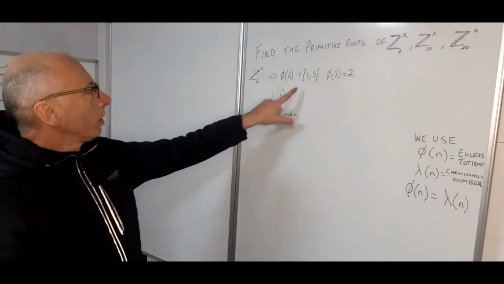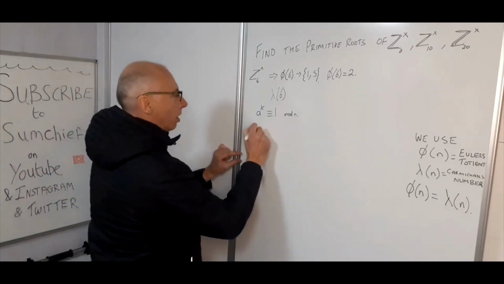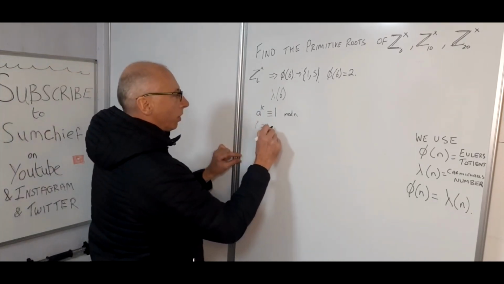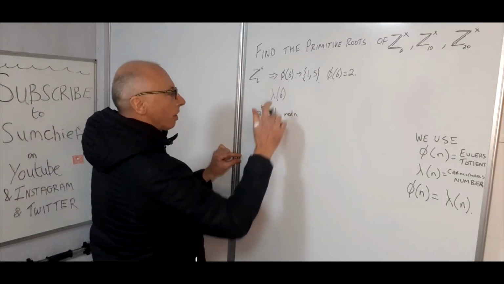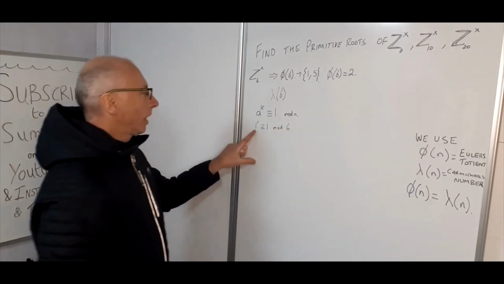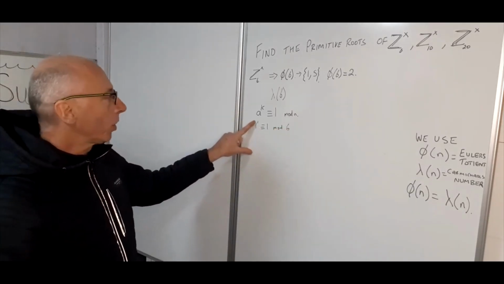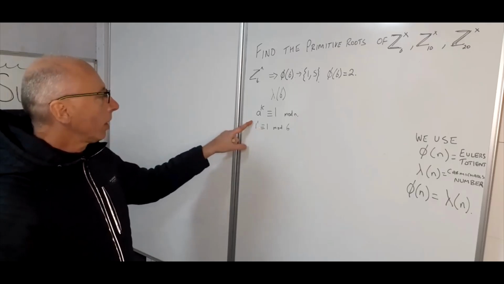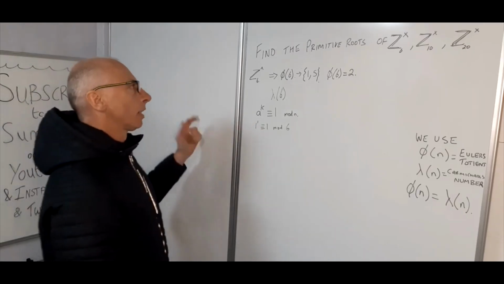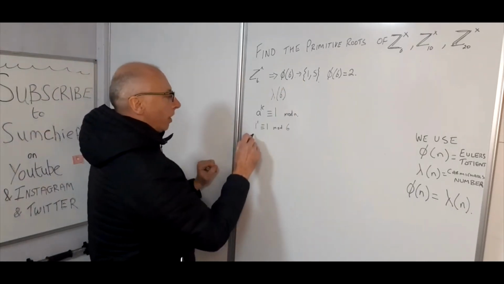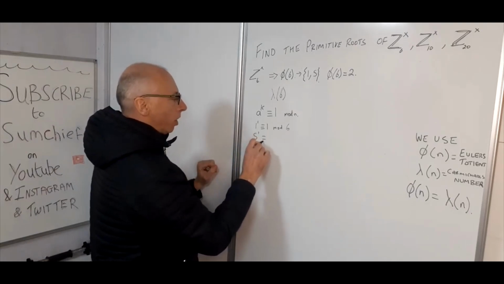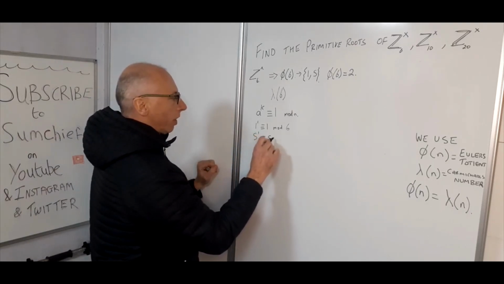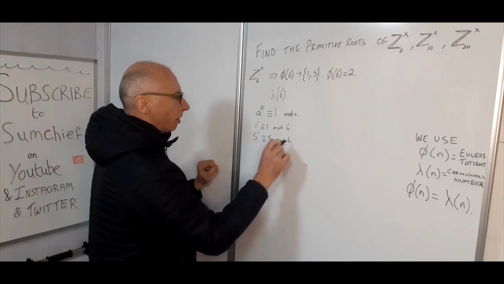So 1 to the power of 1 is congruent with 1 modulus 6. Now whatever we raise this 1 to, we're only going to get 1. So that's the smallest power we've got there, obviously. But now with this number 5, 5 to the power of 1 is congruent to 5 mod 6.